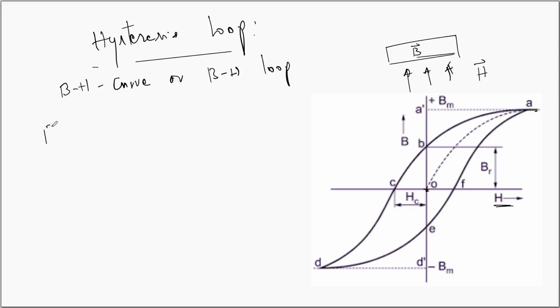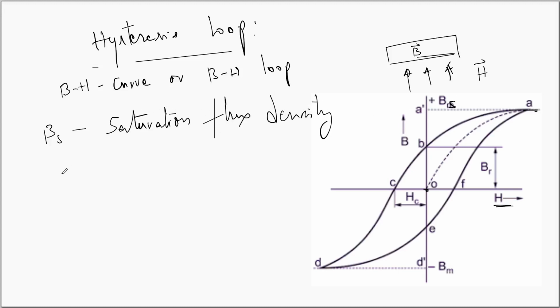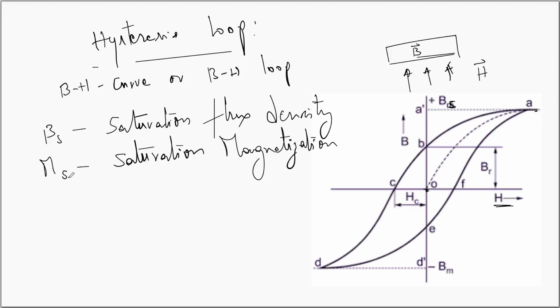So BS is called the saturation flux density, and the corresponding magnetization is the saturation magnetization. So when you have a saturation flux density, you will have a saturation magnetization. It is represented with an MS.